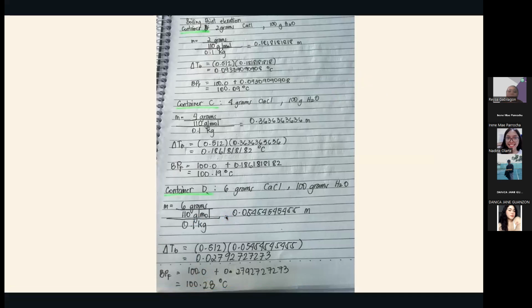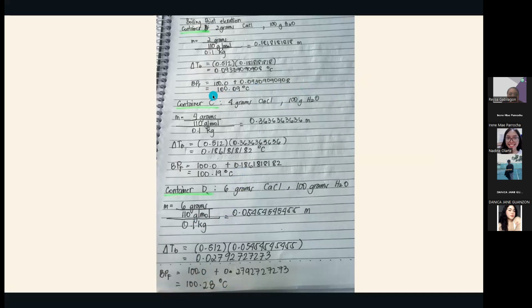Hello, ma'am. Good morning. This is the computation for solving the boiling point elevation of the 4 different types of solutions. First is container B, which contains 2 grams of calcium chloride with 100 grams of H2O.